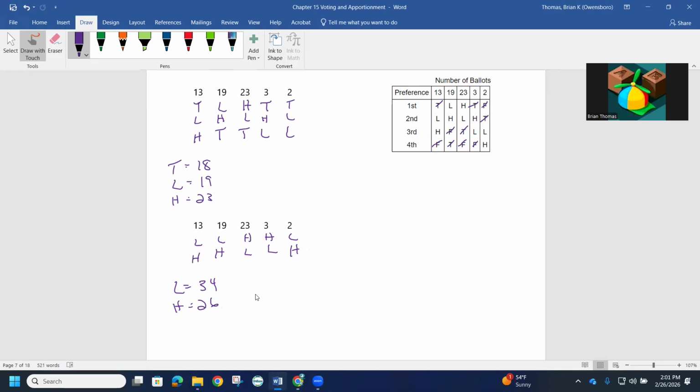But when it comes to the elimination method, housing actually comes in second, and the library comes in first. So the library would be my choice since it now has a majority, since that's over 31. The library actually became the winner.